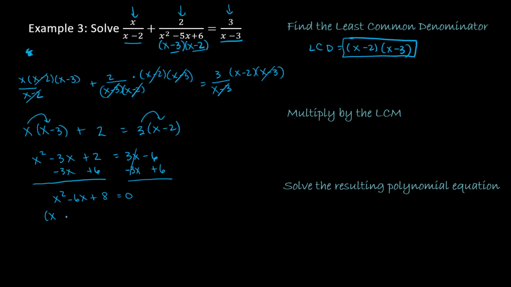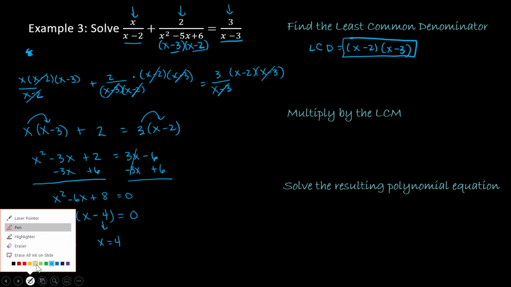This one factors nicely. X times x gives me x squared. The 8 will go to 2 and 4. The 8's positive, so they have to have the same sign, and the 6 is negative, so they're both going to be negative. So this one tells me x equals 2, and this one tells me x equals 4.